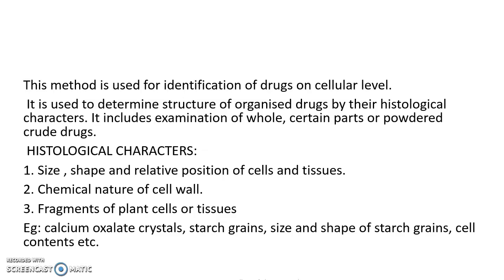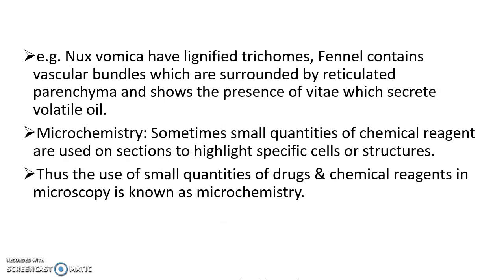It includes examination of whole, certain parts, or powdered crude drugs: histological characters, size, shape and relative position of cells and tissues, chemical nature of the cell wall, and fragments of plant cells or tissues. For example, calcium oxalate crystals, starch grains, size and shape of starch grains, cell content, etc.